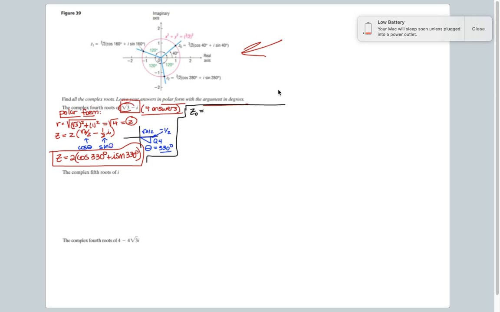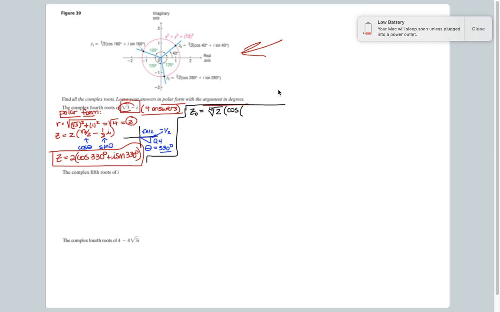Okay, so I'm going to go ahead and do the fourth root of r. So that's going to look like this, fourth root of 2. And I'm going to do the cosine of 330 plus 0 360s, over, I'm sorry, that would have to be over 4 because that's the root that I'm talking about.